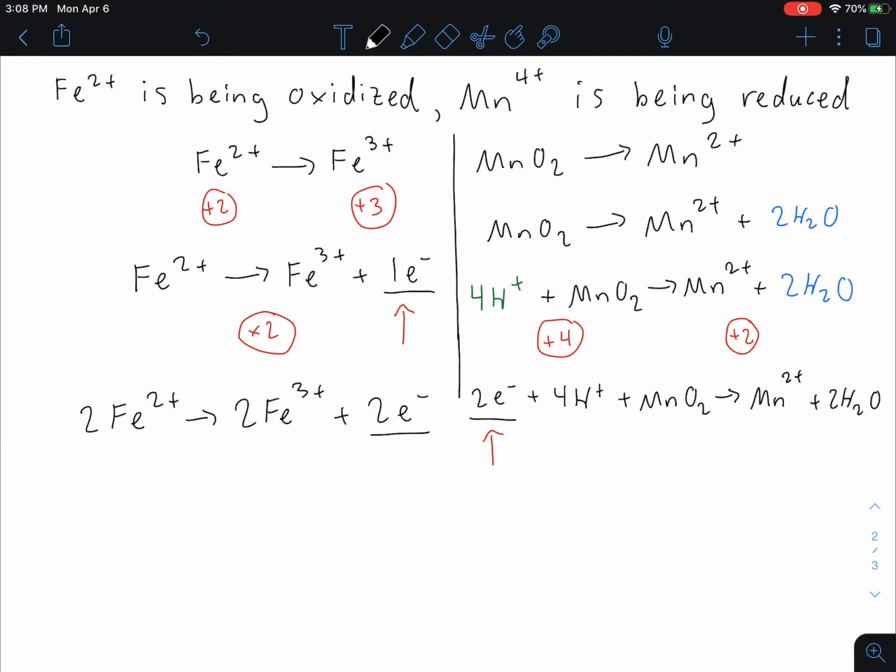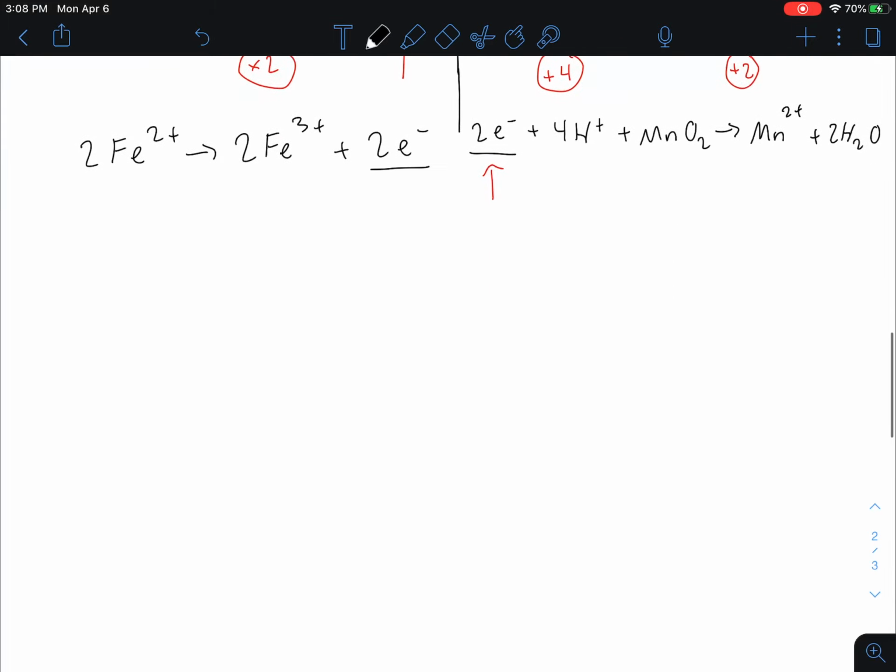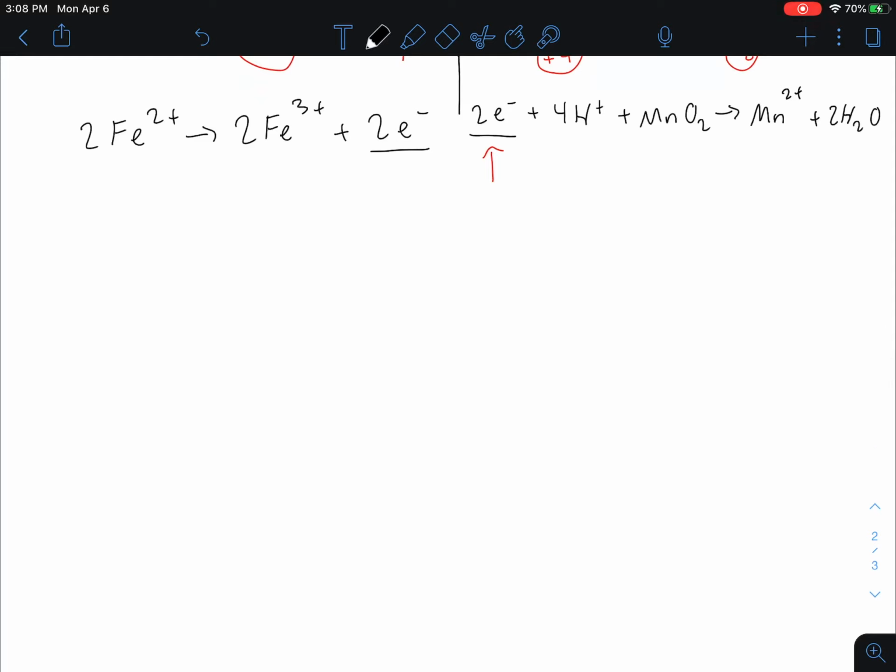And now I can combine the two reactions together. So let me just rewrite them and we'll cross out as necessary. So this becomes 2 iron 2 plus makes 2 iron 3 plus 2 electrons.